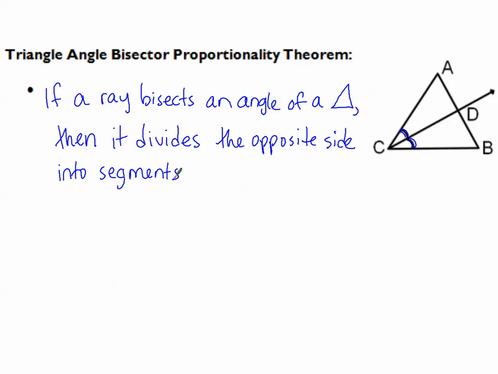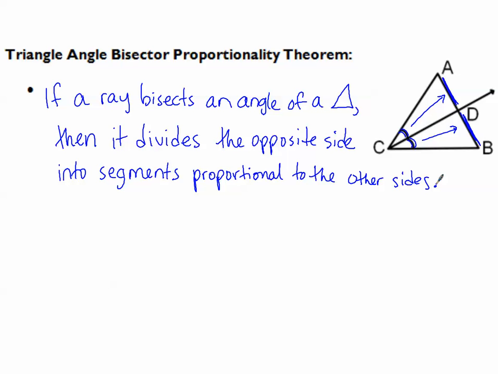So the opposite side is this side, it divides it into segments. So here's a segment AD, here's a segment BD. It divides the opposite side into segments, and those segments are proportional to the other sides.